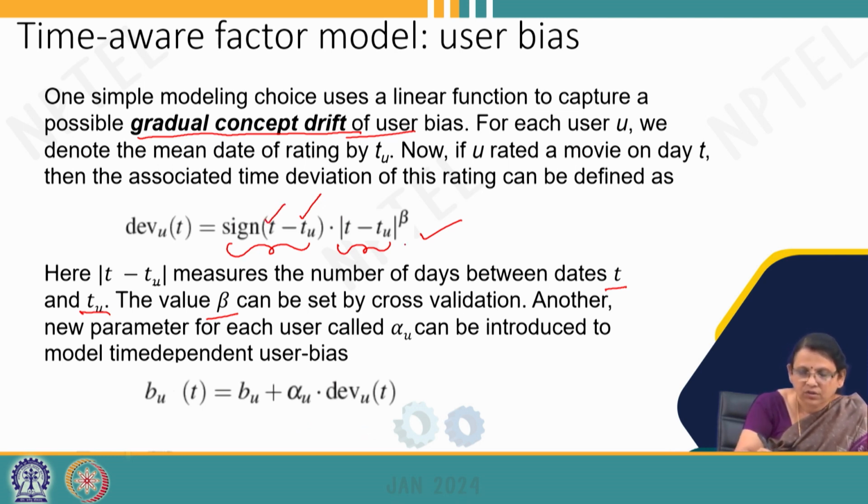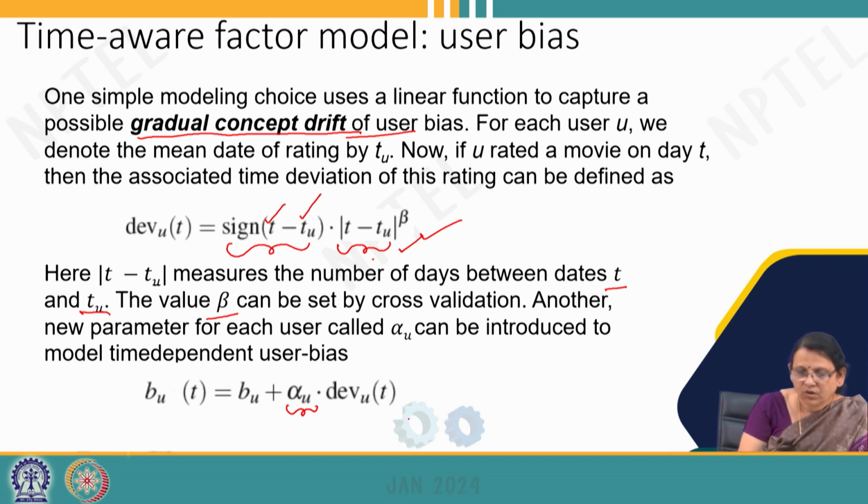So, how you rate depends on the difference between these two times. So, we now add a new parameter, and this new parameter is influenced by this difference in time.